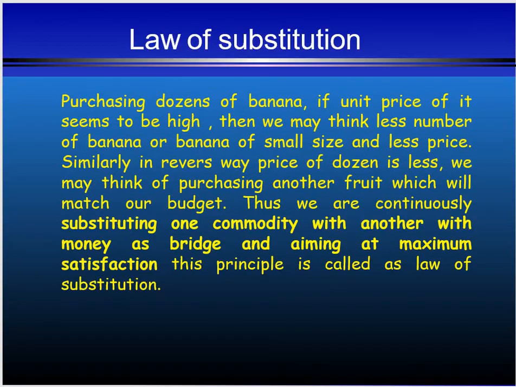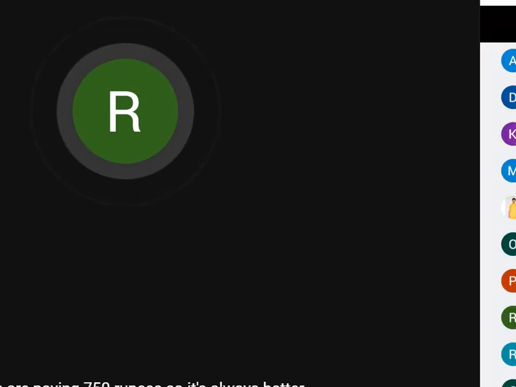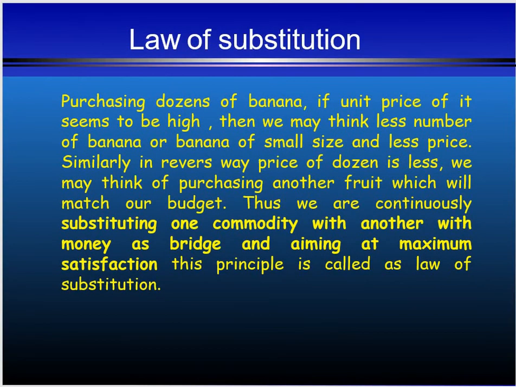Because people think that since we are paying 750 rupees, it's always better to get more quantity. But they don't understand that because of 16 mangoes, the quality or maybe the size of the mango is different. But again, their decision is purely based on price.